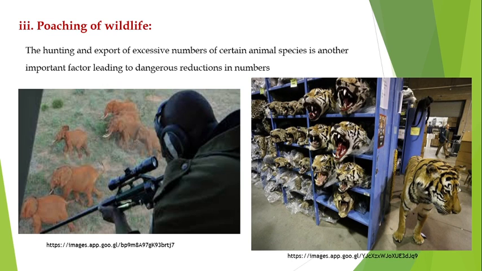The jaguar, tiger, snow leopard, and cheetah are hunted for their skins, elephants for their ivory tusks, and rhinoceros for their horns. A single rhino horn, which is a mass of compact hair, is worth as much as $24,000 on the black market.